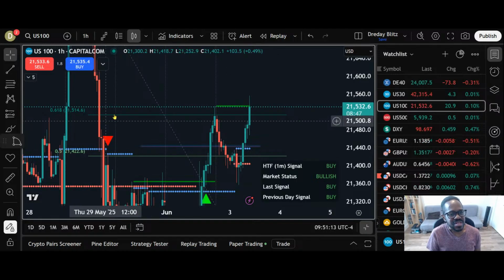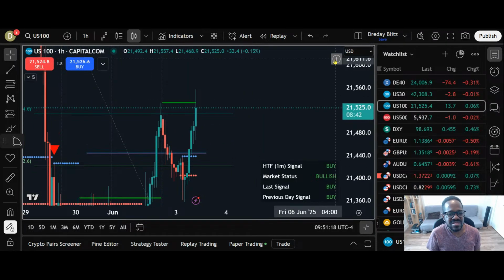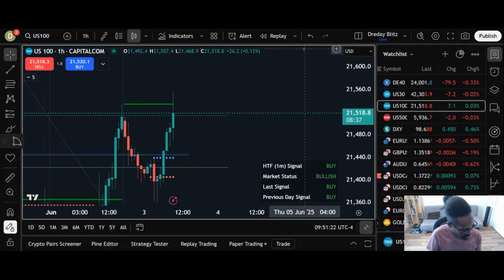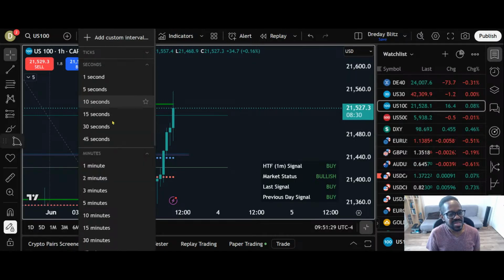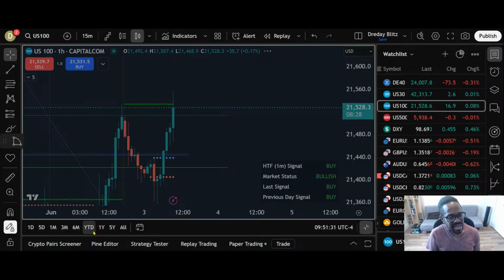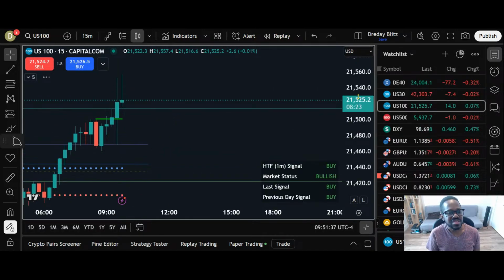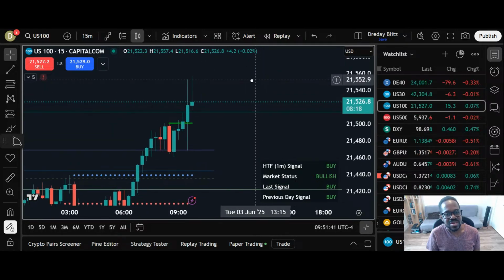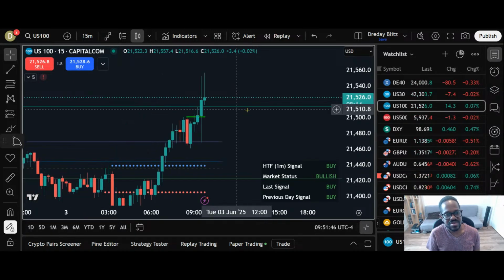But that was a previous level here, and it's rejecting off of it. So less than 9 minutes left before that 1 hour candle close and that 15-minute candle close. So it went twice to take some liquidity on the upside. So good indication here that it's going to start to reverse.